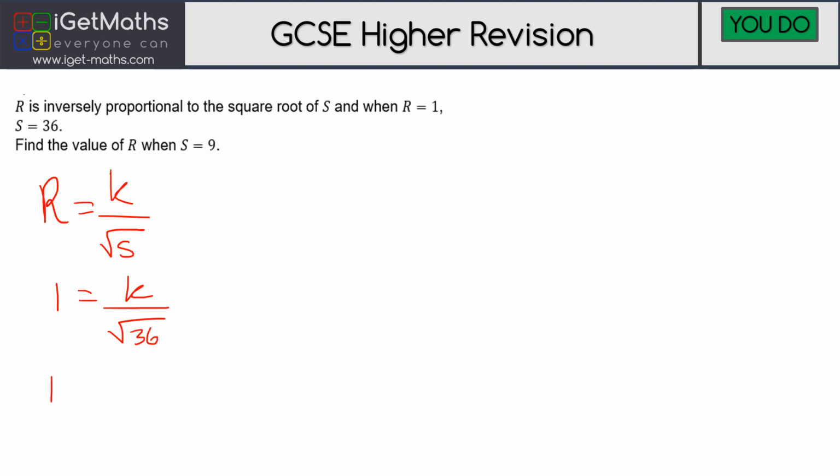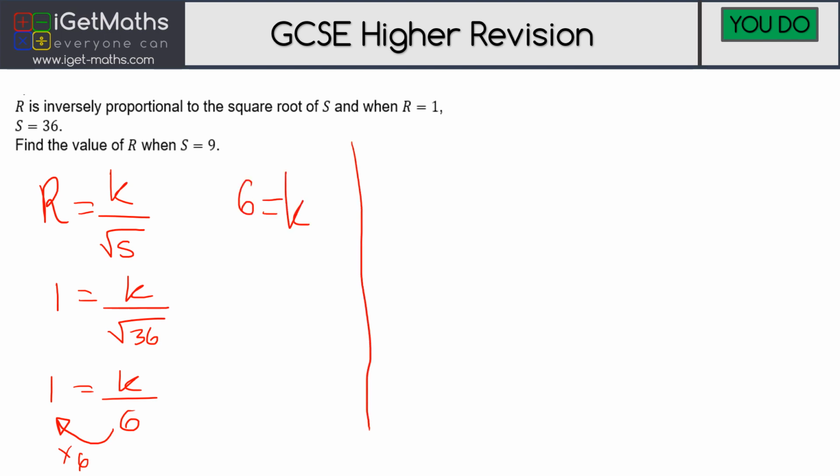So you've got 1 equals K over 6, and again, we want to get the constant K by itself, so we do the inverse of dividing by 6, so we take this over, and it'll be times by 6. That then quite simply just gives us 6 equals K.